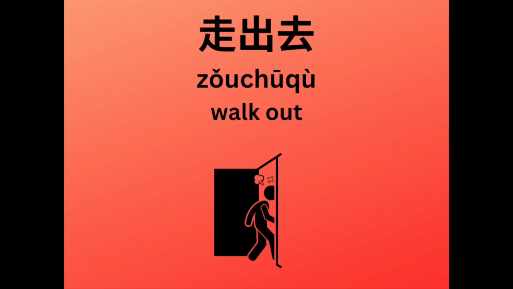Now, I can put a verb in front of 出去. What verb is a good one? To walk, 走. Then that will become 走出去. 走出去 means to walk out.